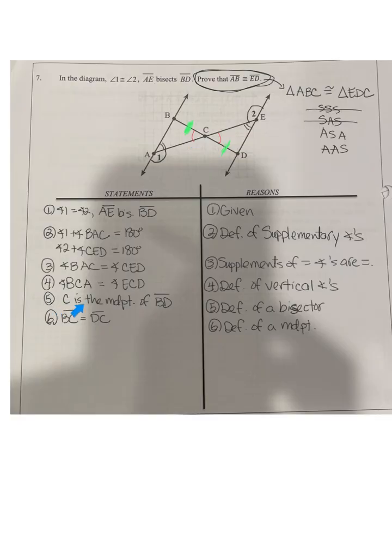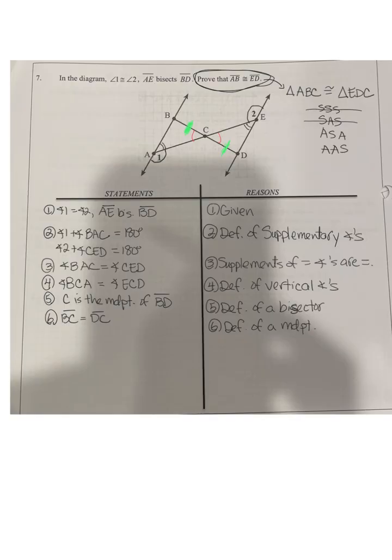So this is saying C is in the middle by definition of a bisector. And now once you know C is the middle, you can now say that these two parts are equal to one another because C is the middle, aka definition of a midpoint. Okay, now if you want to stop, pause, and take notes, go right ahead.